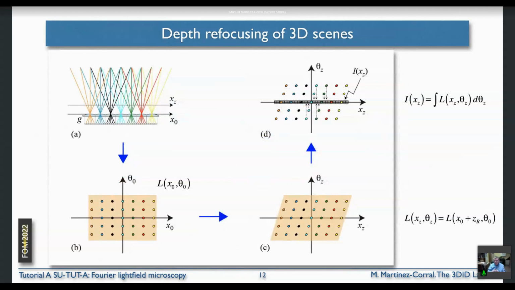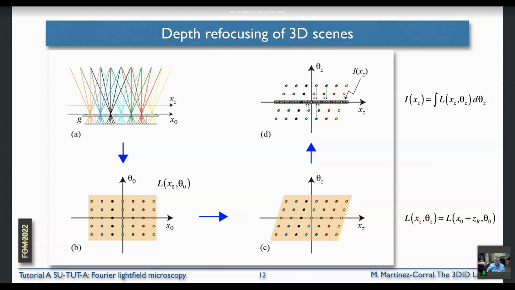This is the algorithm that makes this. Here, in the upper left, what we have is a scheme of a collection experiment of integral imaging. There is some object here, and the light proceeding from the object is printing the pixels.